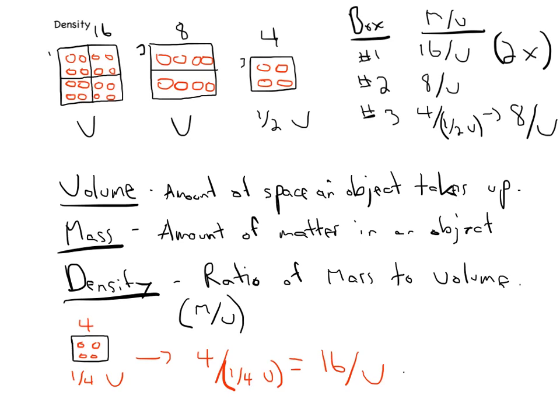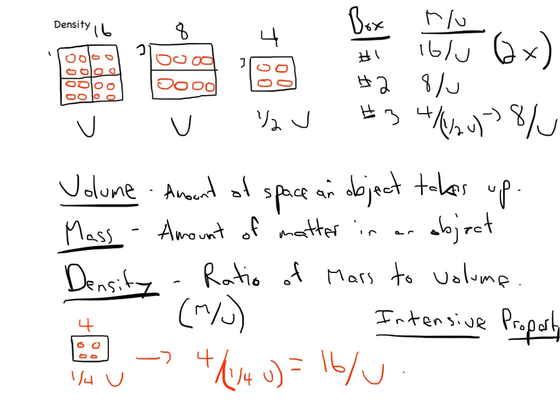And what's interesting about this is that density is what is known as an intensive property. And an intensive property is one where the amount of the object that you possess does not change that property.